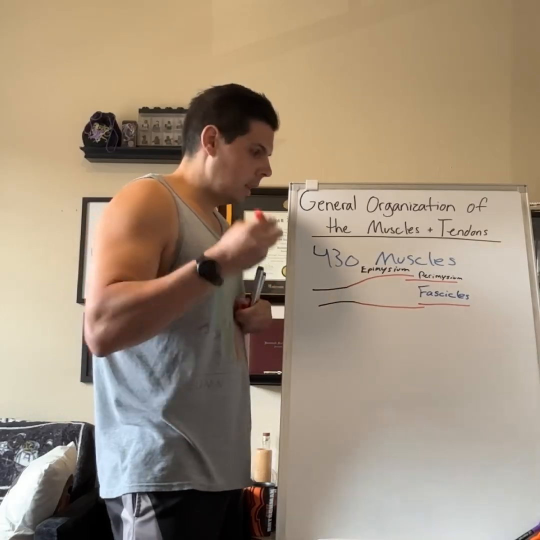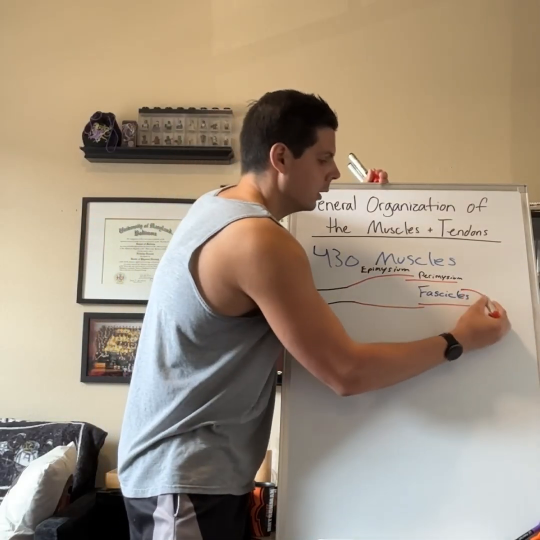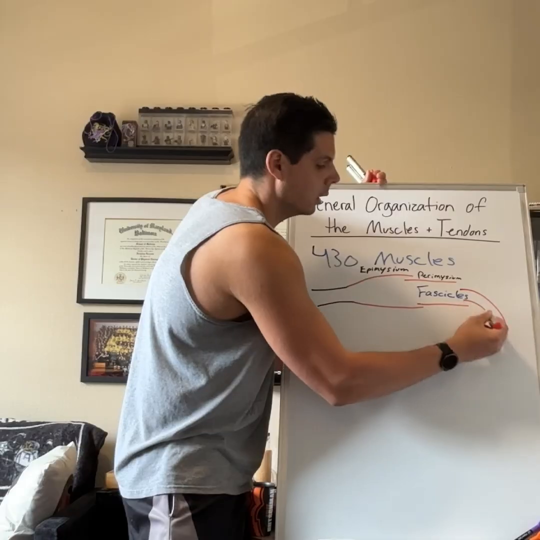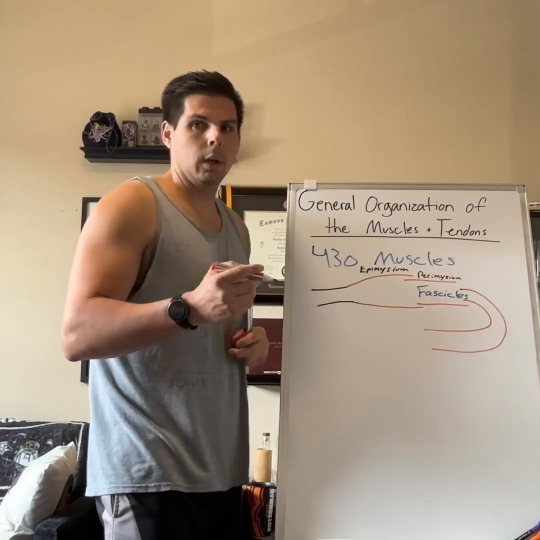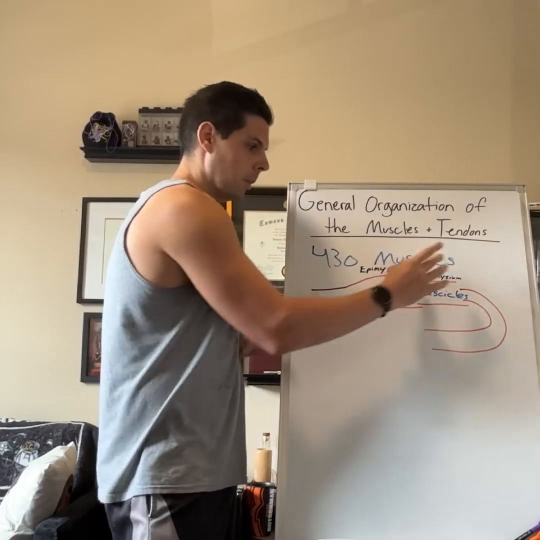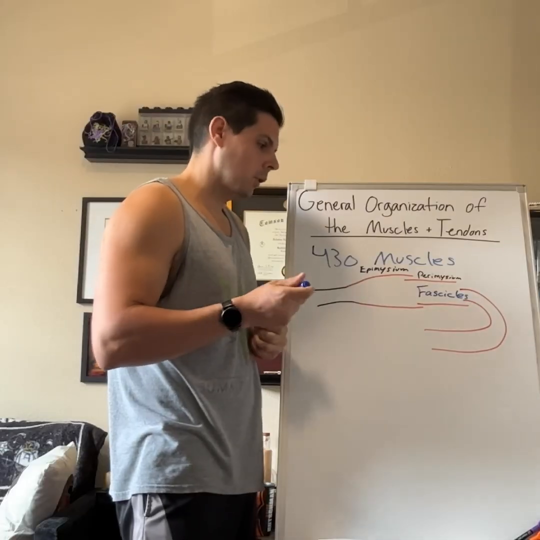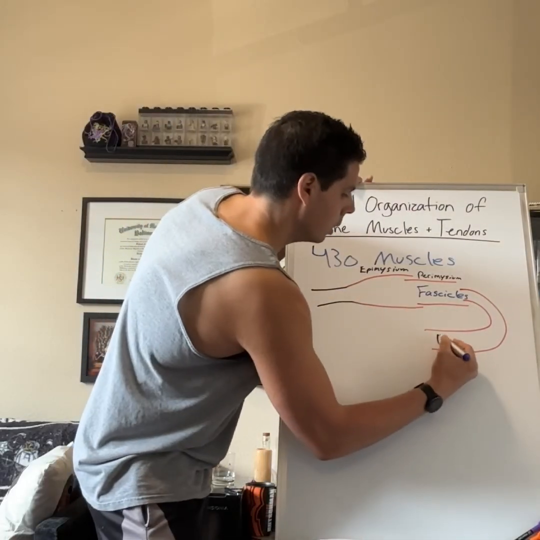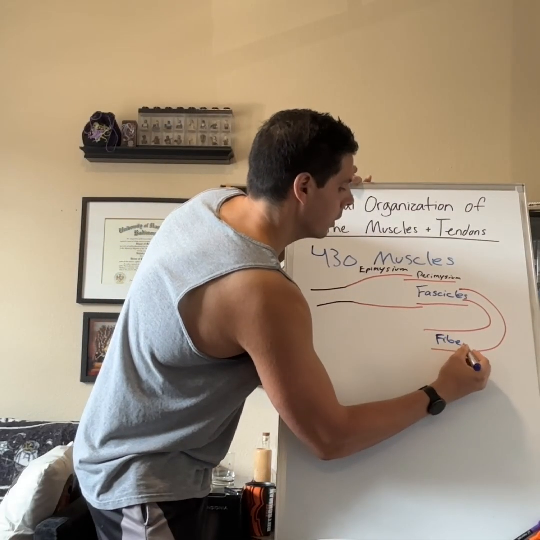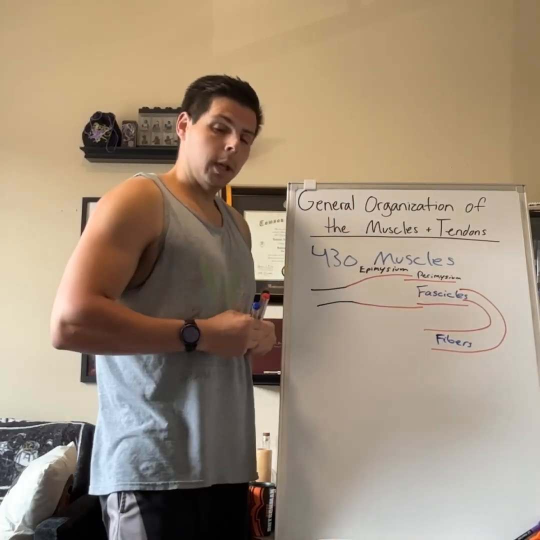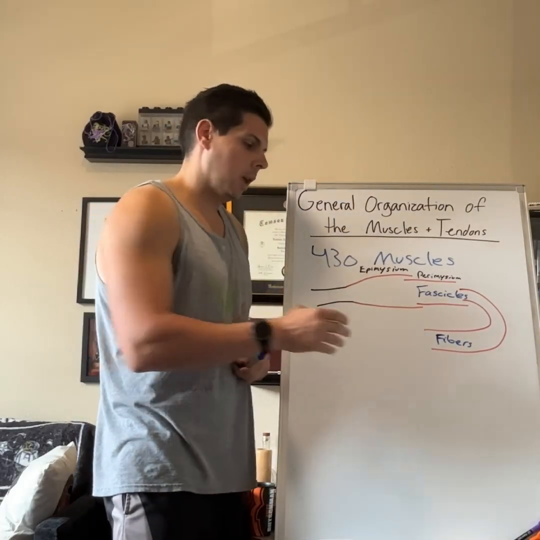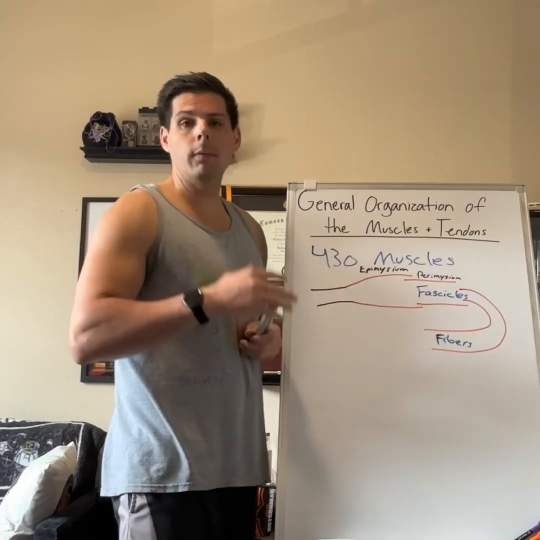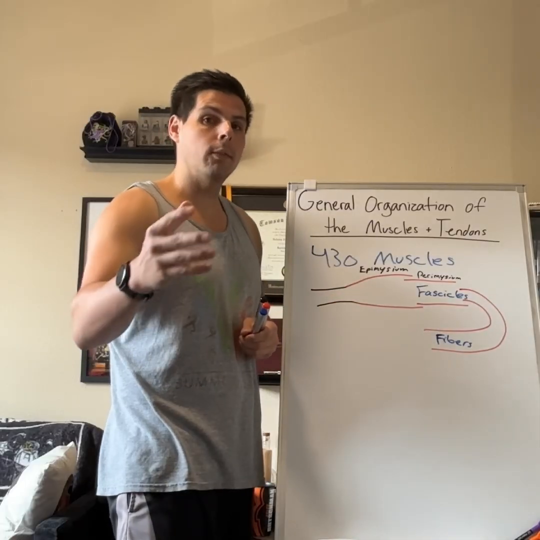Now, even within these muscle fascicles, there's an even further layer of structural organization that goes on, and these further bundles within the muscle fascicles are individual muscle fibers. Much like the fascicles that they are bundled within, these muscle fibers also have their own surrounding layer of fascia.